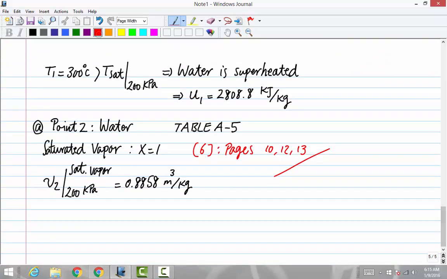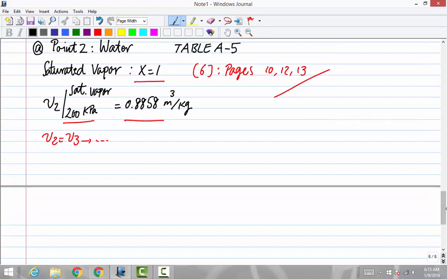That's all I know, these three things. And now to be able to go to point 3, I can take advantage of the fact that I know V2 equals V3. So now I can continue and go to point 3.